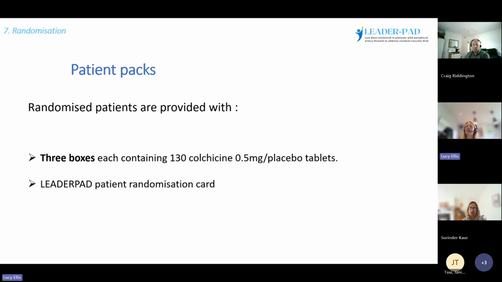Patients, if they've been randomised, get given their free boxes of the blinded study product and a patient card detailing they're in the study and they may be taking colchicine. The same number of boxes are provided at the annual follow-up visits. The only time a different number of boxes are provided is in cases of lost medication, and you can do that by selecting an unscheduled visit within the online IMP management system.